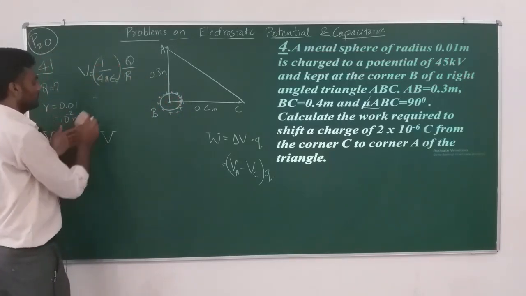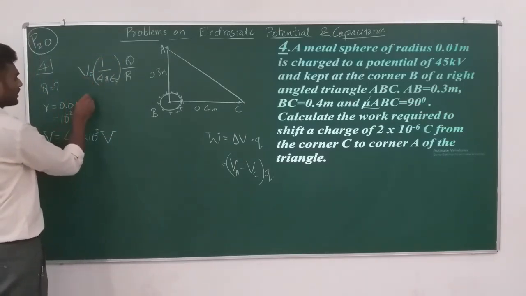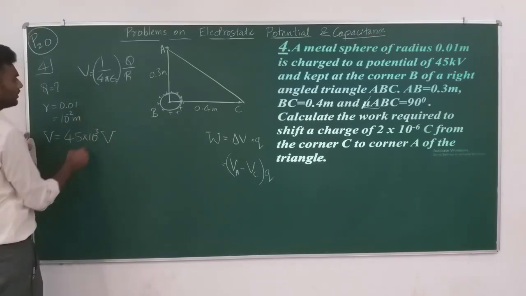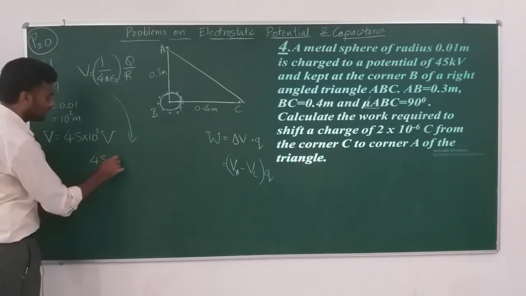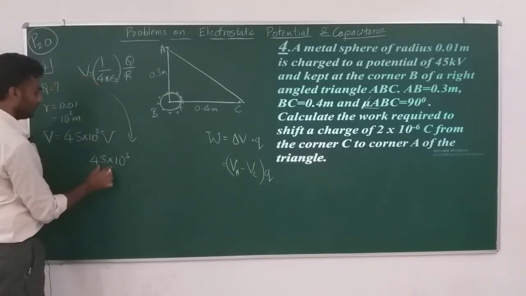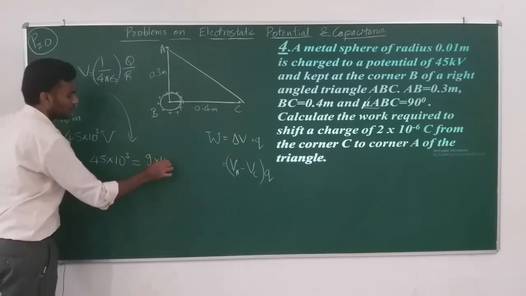So V is 45 into 10 to the power of 3 volt, equal to 1 by 4 pi epsilon naught, which is 9 into 10 to the power of 9.